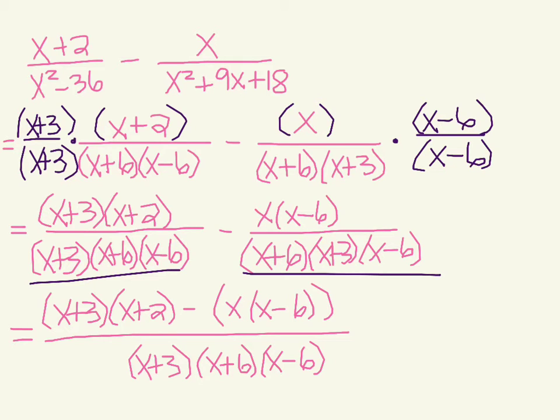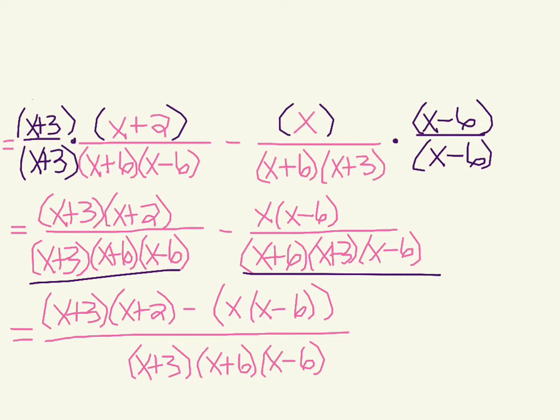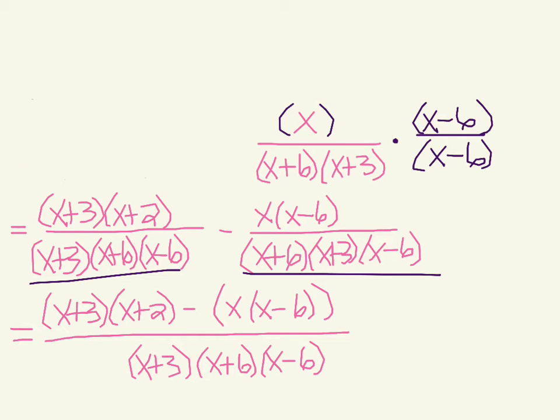And the first step in that is going to be to look at this and FOIL it. And over here, I can also distribute the x into both the x and the negative 6. So for this problem, it looks like I'm going to need to bring in some room. So let's delete all of this up here. In fact, let's just go ahead and delete both rows.